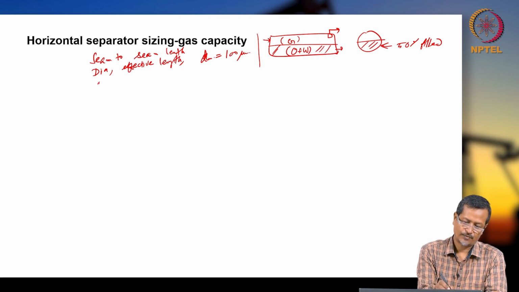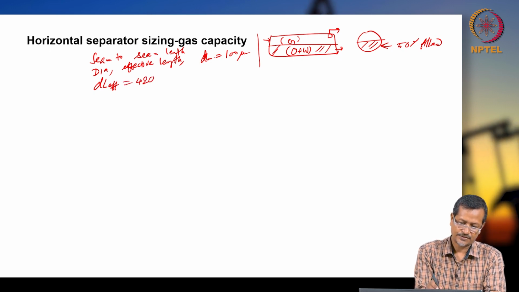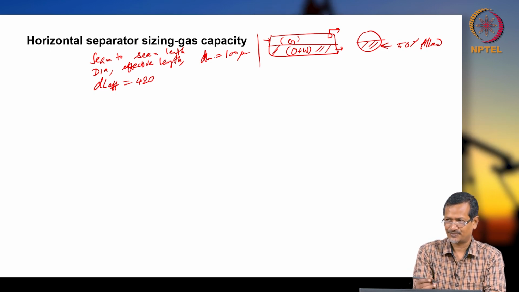So one formula is there, D squared L effective equals 420. This digit is also very unique, you can remember it, IPC 420, right?